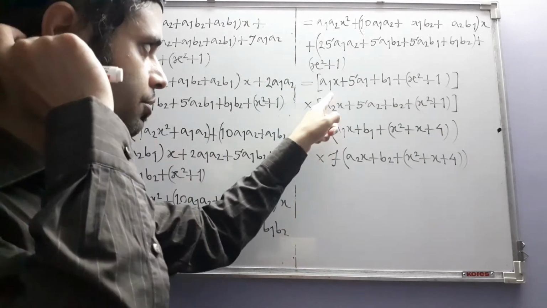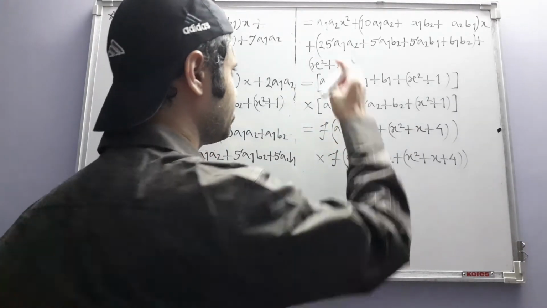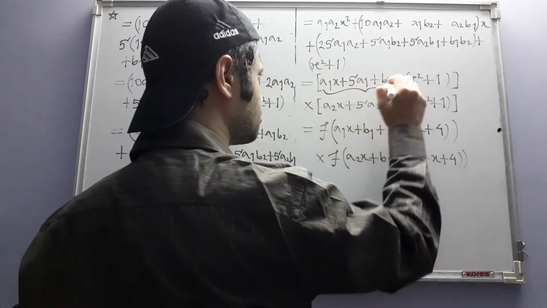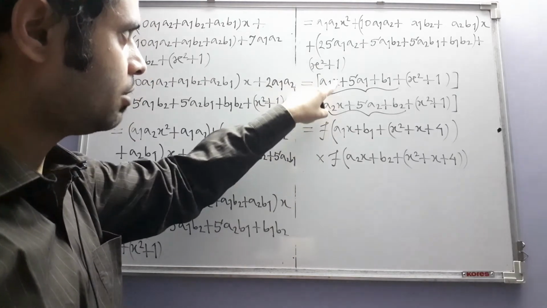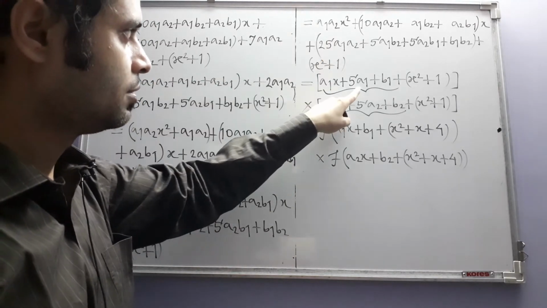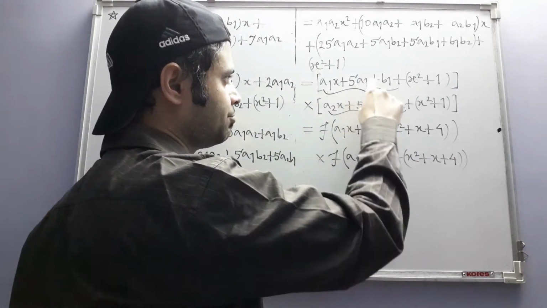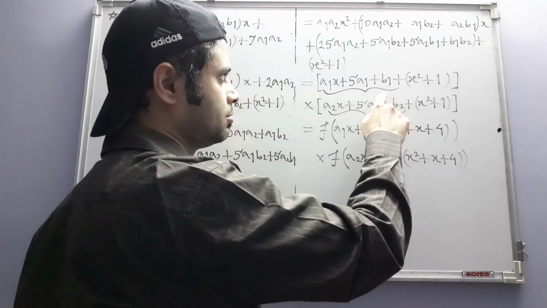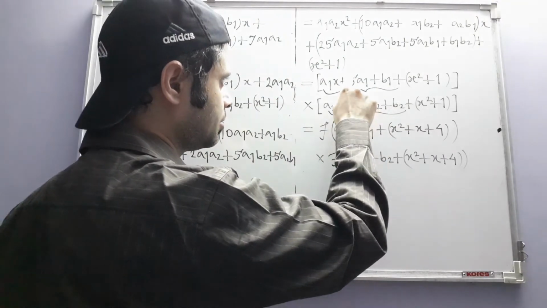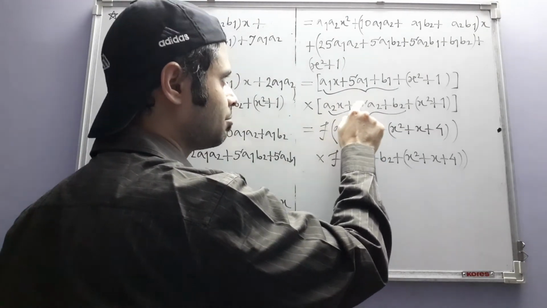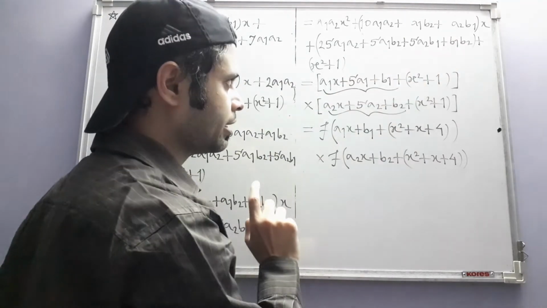You see carefully, if you multiply these two cosets, then what will you have? You have to multiply these two polynomials now, this one and this one. What will you get? a1 a2 x square, we have that here. No wait, what I am trying to say is this, 5a1 a2 x plus 5a1 a2 x, that gives us 10a1 a2 x.